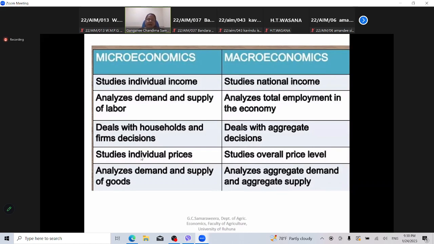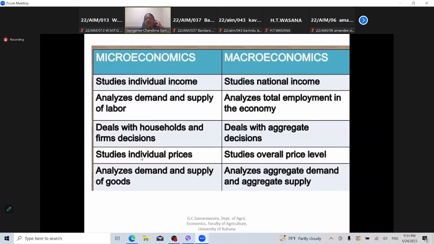But in microeconomics, we have to consider individual demand. So that's the basic difference between micro and macro. We consider national income and inflation at the macro level, but at the micro level, every time we need to focus on the individual firm, individual consumer, the small scale of the economy.